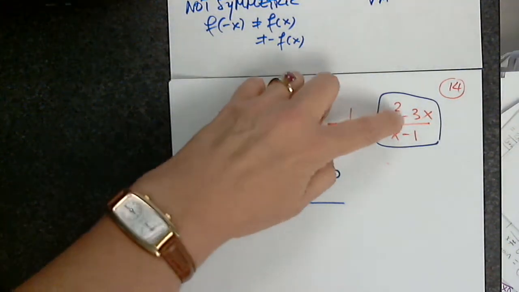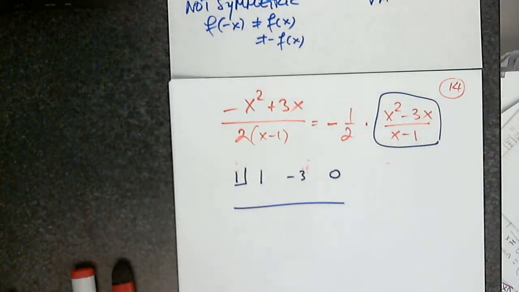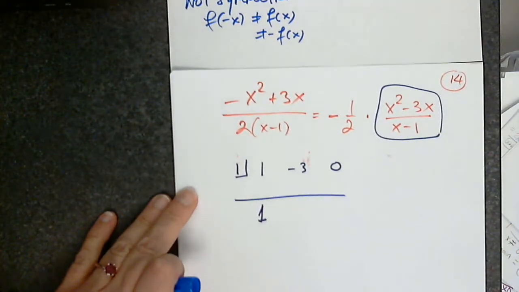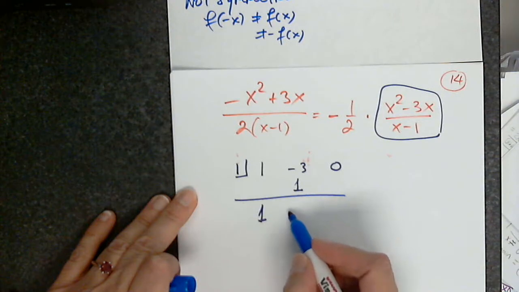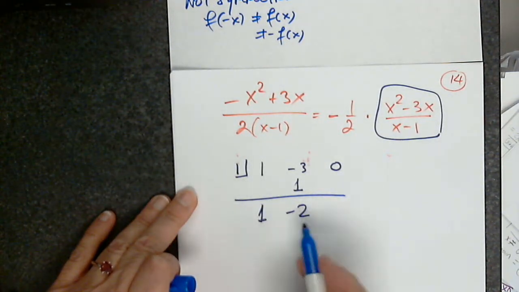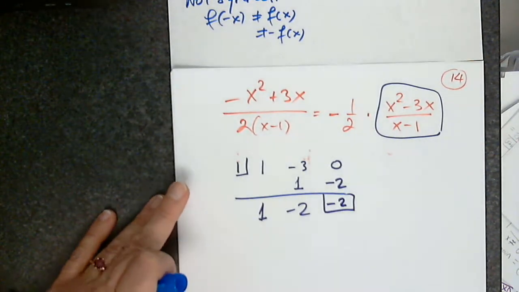In descending order, 1, -3, and the last coefficient should be the free term, but it's not there. I have to put 0. I always copy the first coefficient no matter what. I multiply, I get 1. I perform the operations I see. The sign change was already taken care of. And then 1 times -2, I have -2. I always box in the last number.